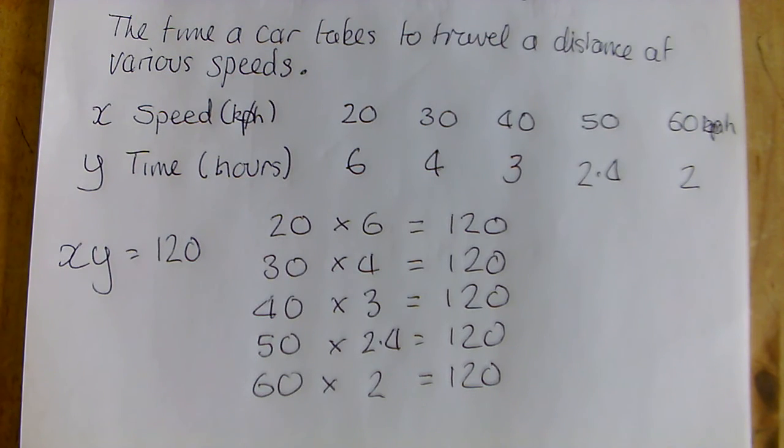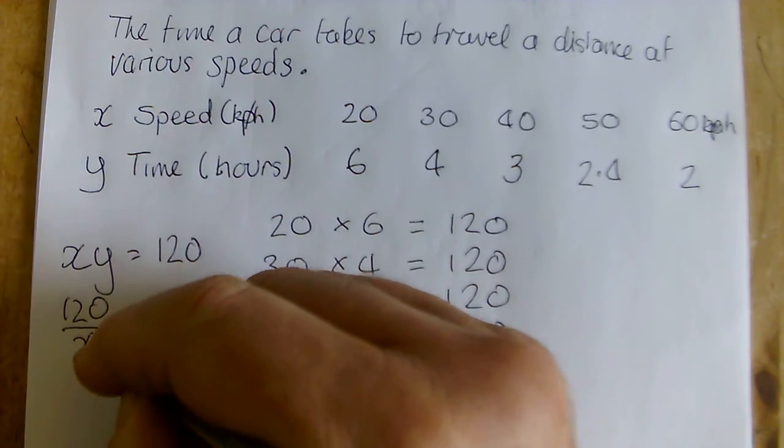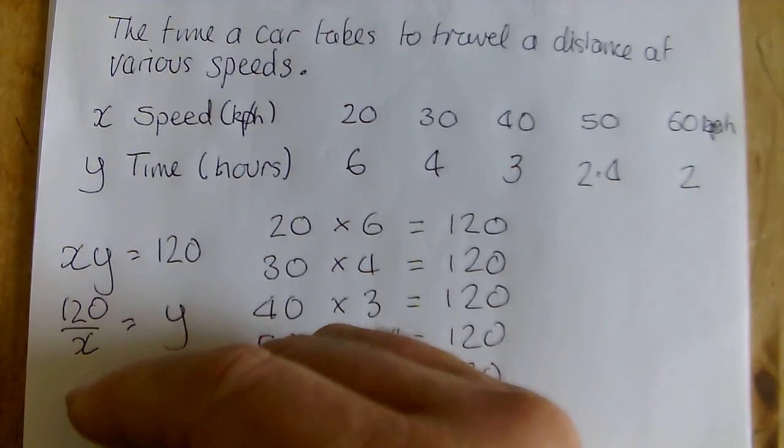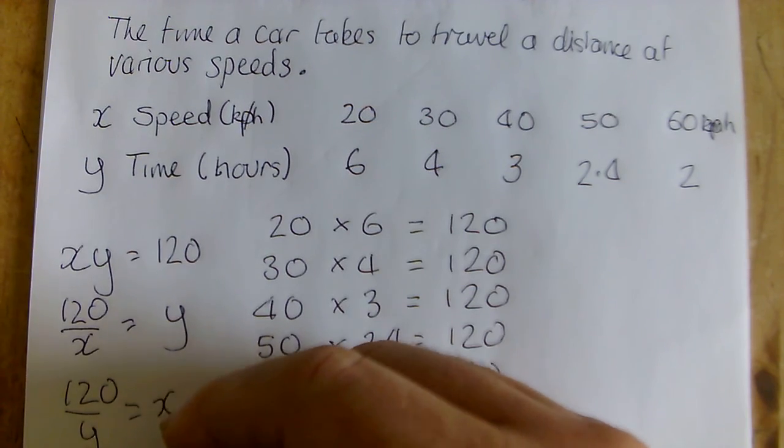So if you wanted to know either of the other two variables, you could use your family of 4, and you know that 120 divided by x will equal y, and 120 divided by y will equal x.